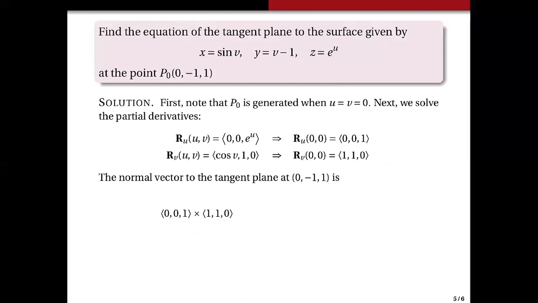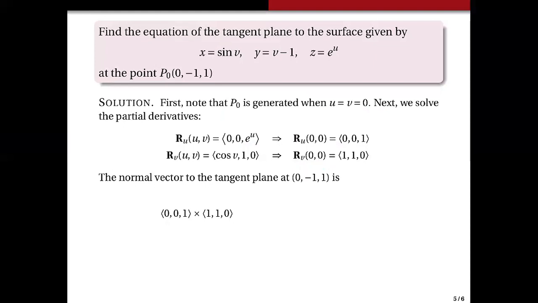Take note that the partial derivatives give vectors parallel to the tangent plane. The vector here gives you the direction of the tangent line for fixed v, so along u, and then in here the direction of the tangent line for fixed u, so along that direction.